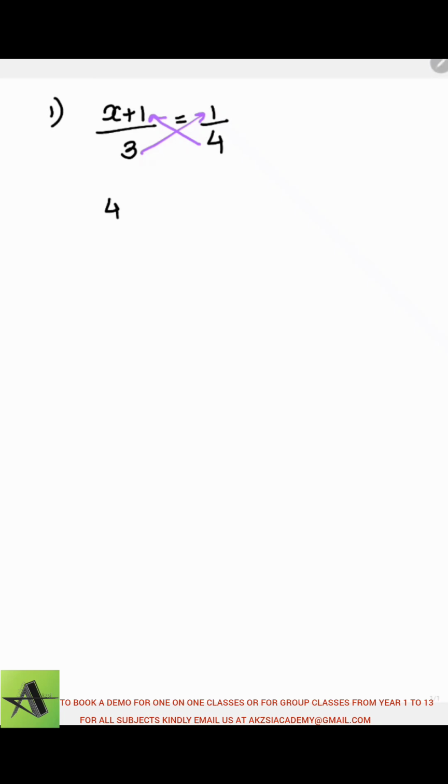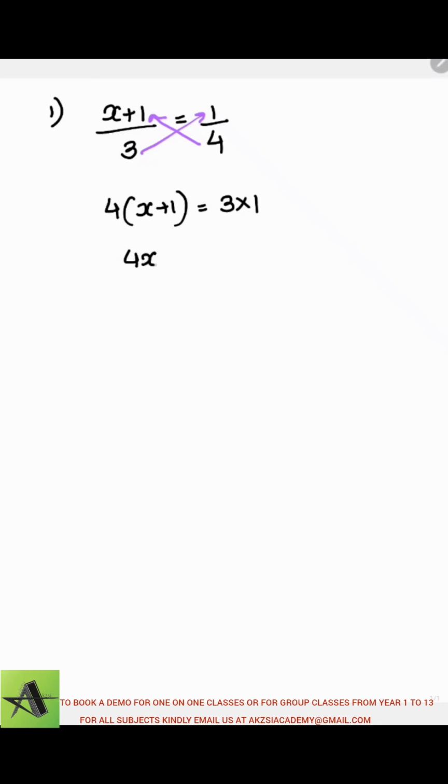So this will be 4 times (x plus 1) equals 3 times 1. Now this is about expanding the brackets. If you are not aware of this, we will be doing it later. As of now, let me do how to solve it.